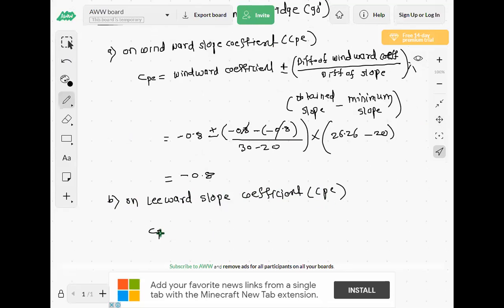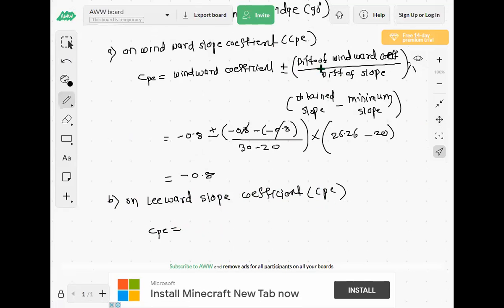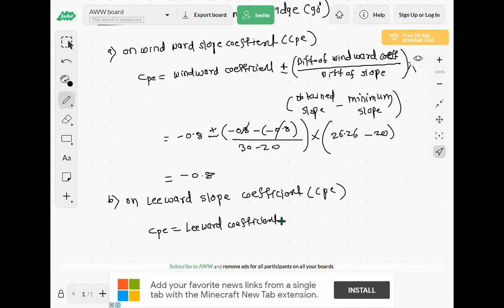So same formula use. I'm not writing now this. Here only leeward coefficient. Okay, I will write leeward coefficient.